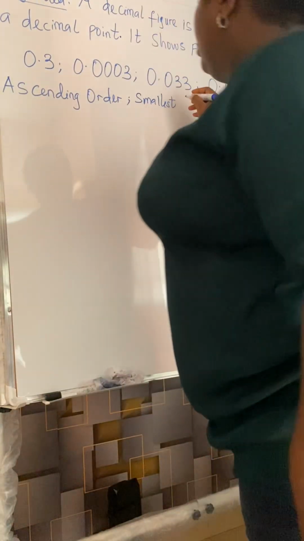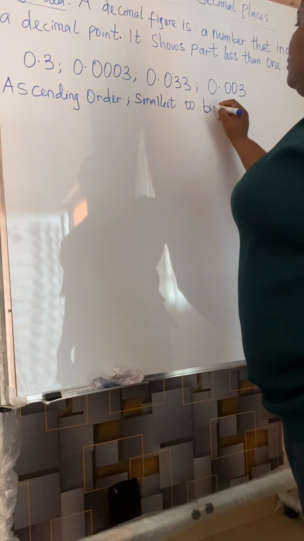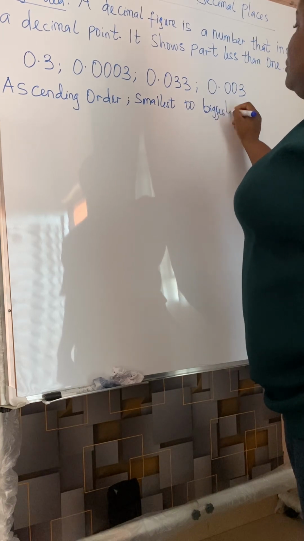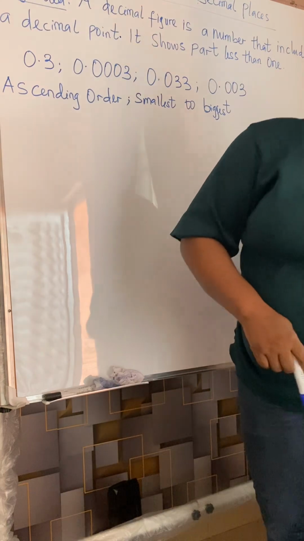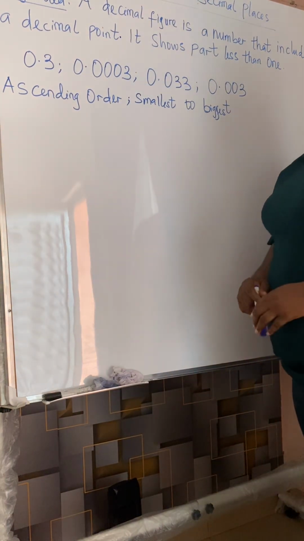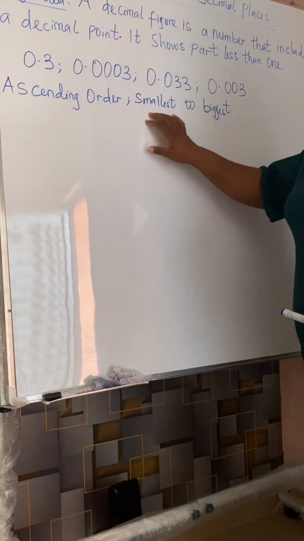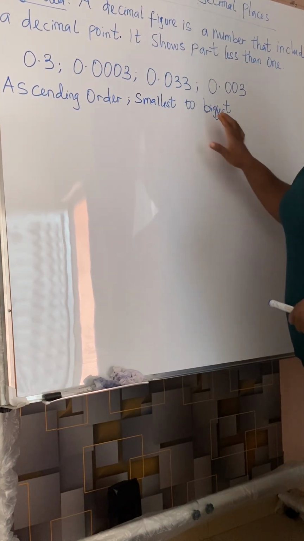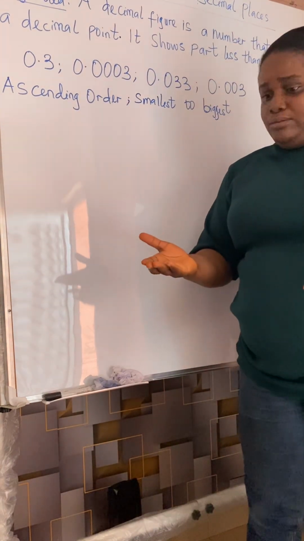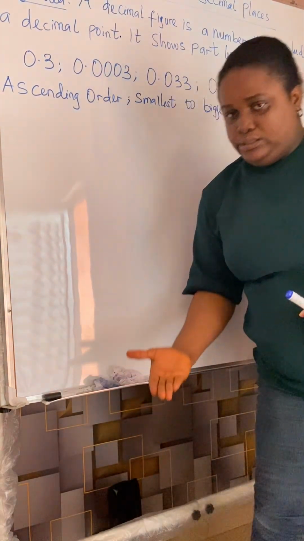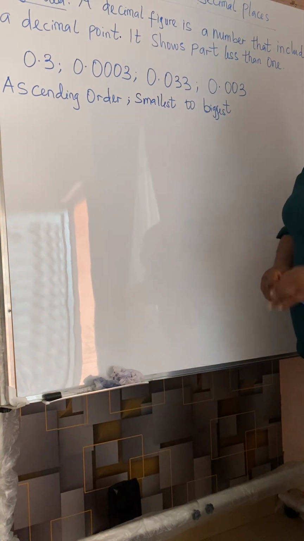It means smallest to biggest. So when we see ascending order, we know that they are talking about this, and when we see smallest to biggest, we know that they are talking about ascending order. To ascend simply means go from the smallest and increase to the biggest. That's what it means.